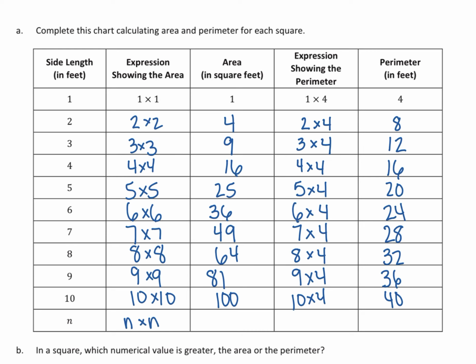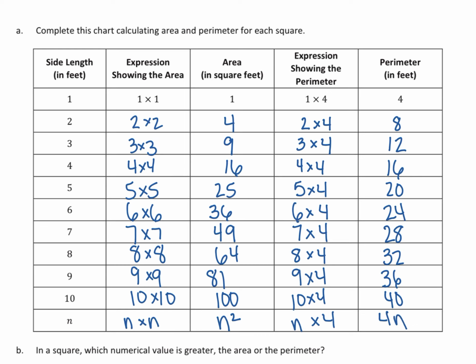Another way of representing the number multiplied by itself is n squared. A side length multiplied by 4 could also be written as 4n.